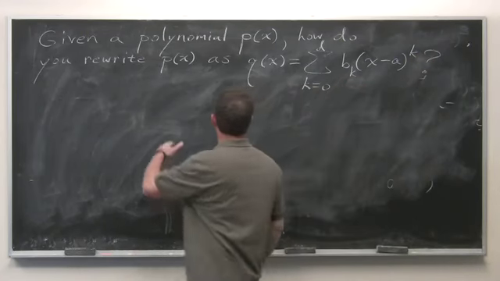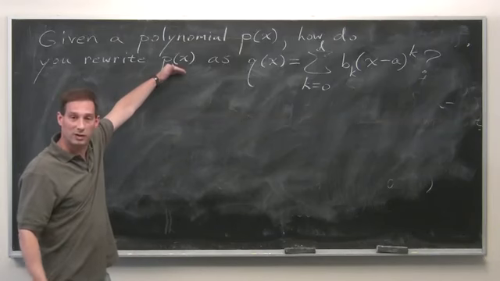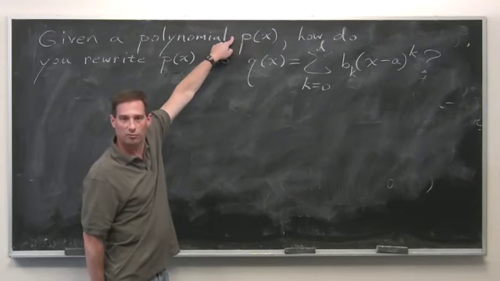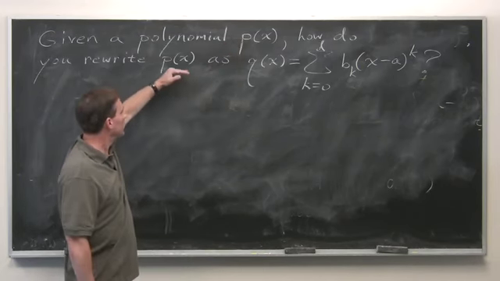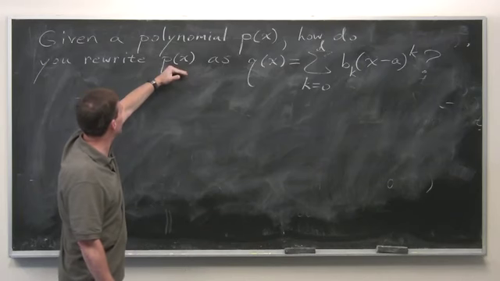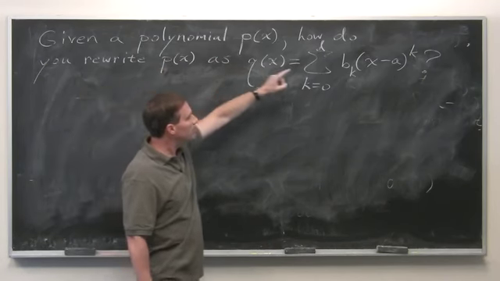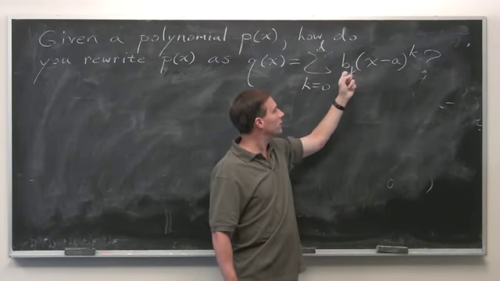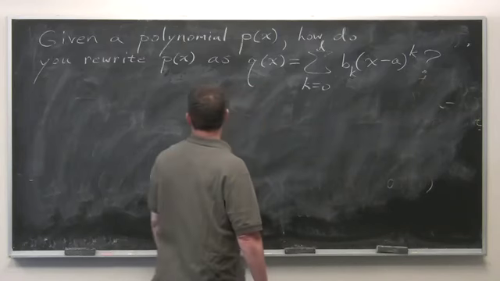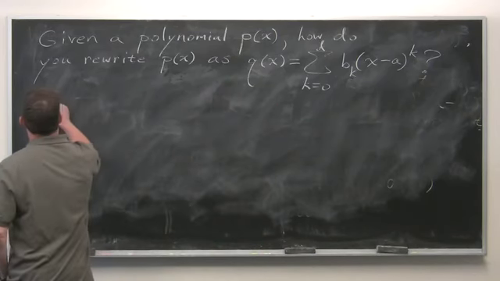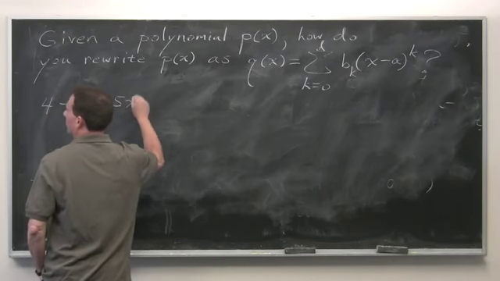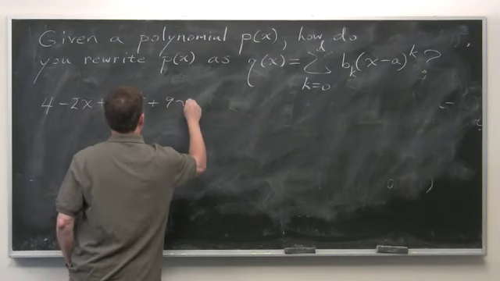So you start out with some polynomial function. I mean, you could picture it having powers of x, but it's irrelevant. So I could have written function here, but it doesn't matter. How do you rewrite p of x so that it's centered at a? So the whole question is, what are these coefficients bk? So we've got this 4 minus 2x plus 5x squared plus 9x to the 5.